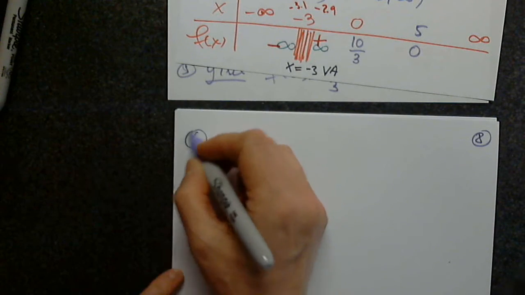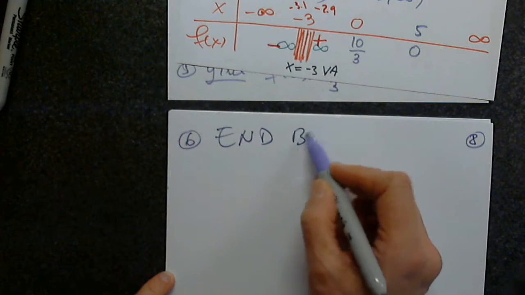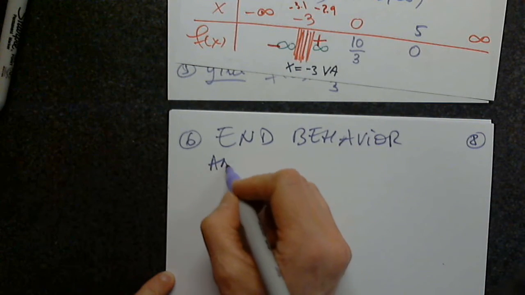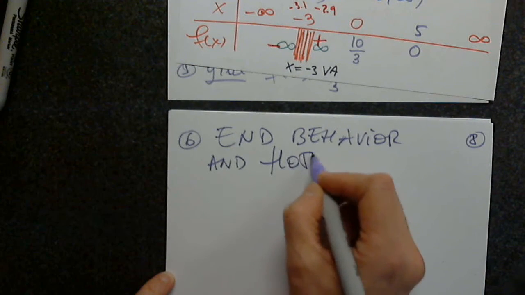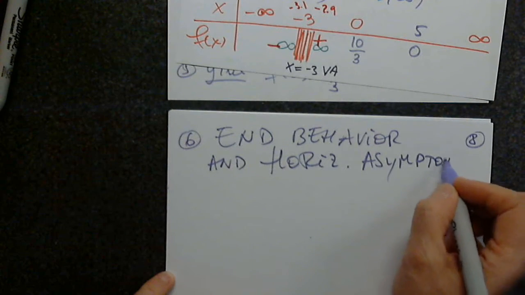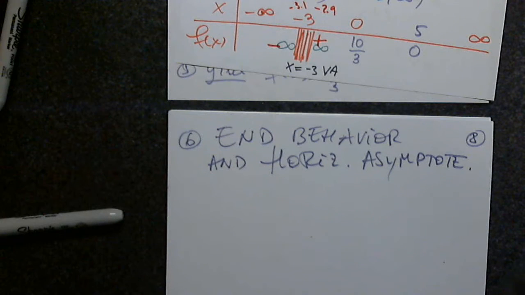So item number 6. Of course, our best friend, end behavior and horizontal asymptote. Okay, what does that mean? We have not seen this before. So let me refresh our memory on every function that we looked at so far in polynomial functions.